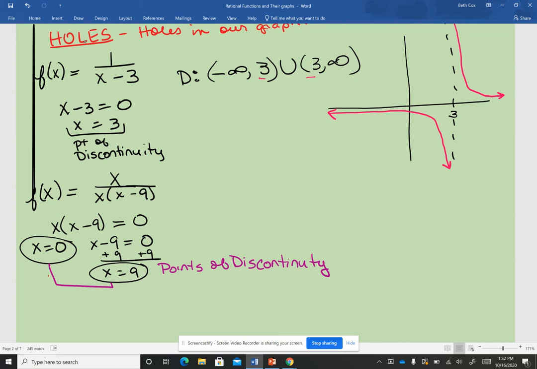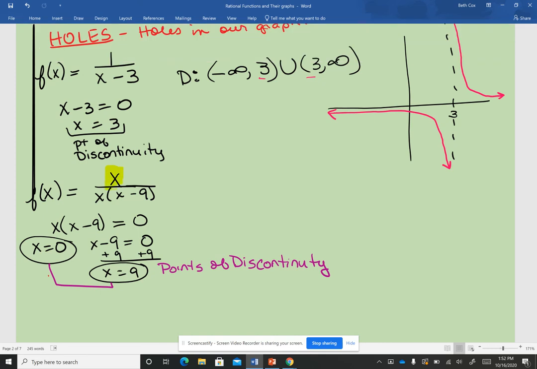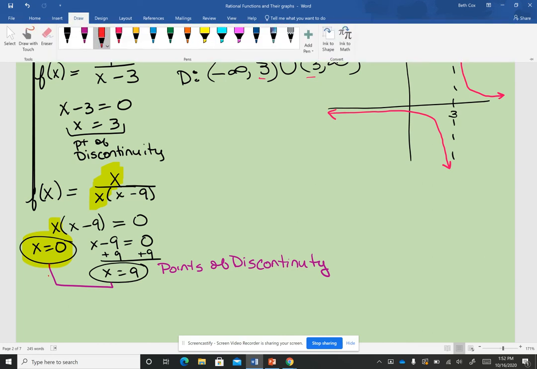Okay, so now, which one's a vertical asymptote and which one's a hole? Let me show you. Notice somebody might want to cancel those out. That factor produced that number. And it's a common factor. When you have a common factor, that is what produces a hole.